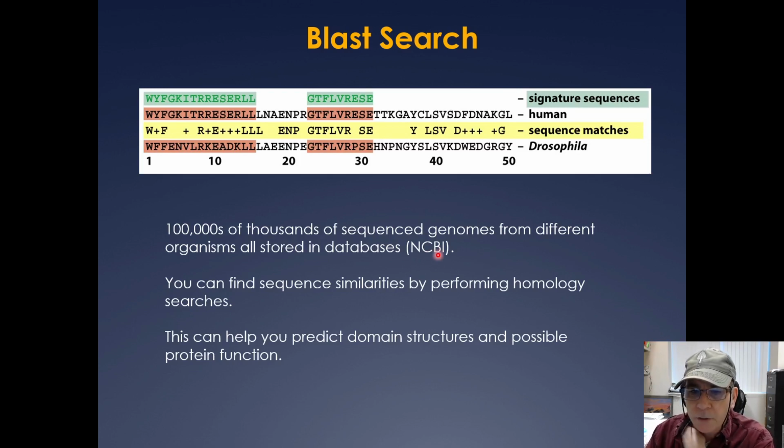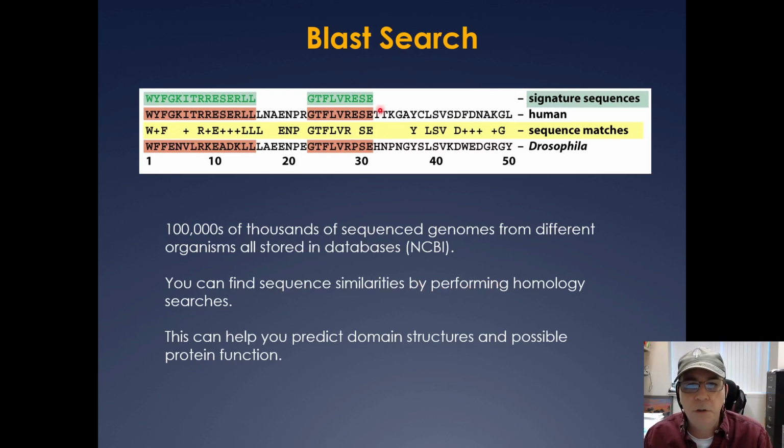NCBI is one particular database where you can get a whole bunch of different sequencing data. NCBI also has this program called BLAST, where you can take in a protein that you may be working on, and you can blast it against a whole bunch of others and find sequence similarities, okay?